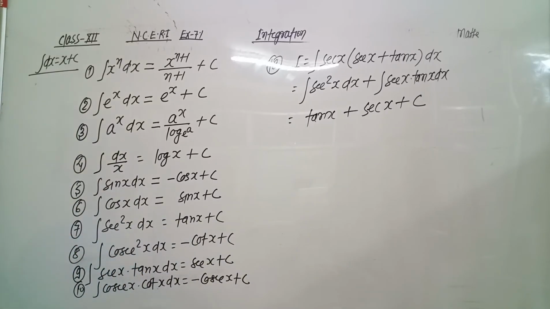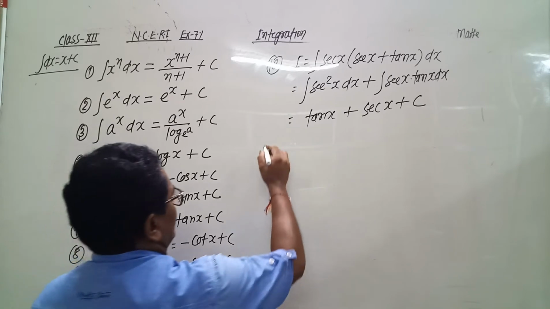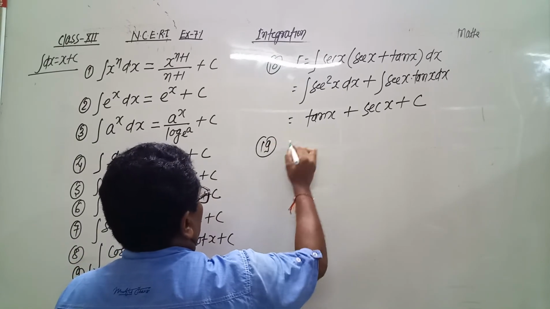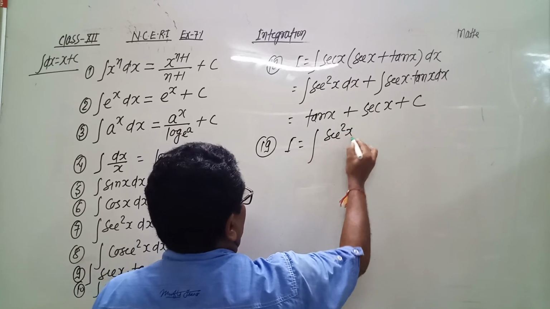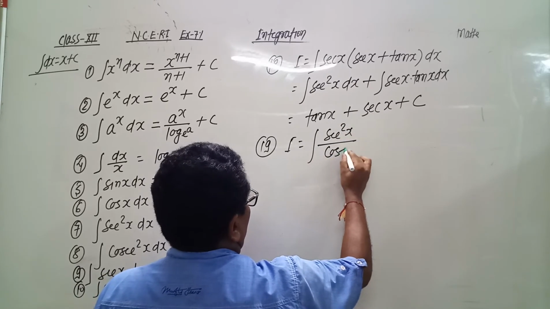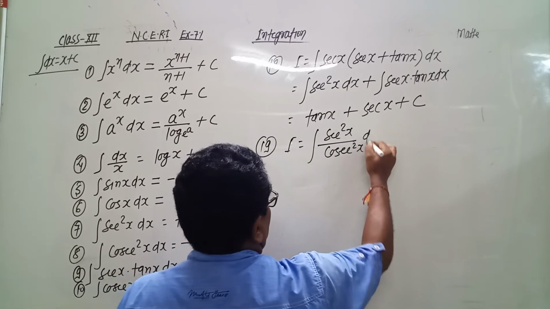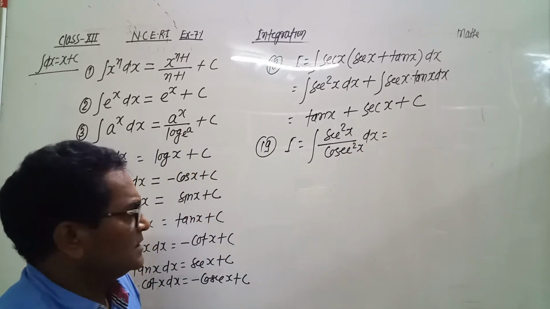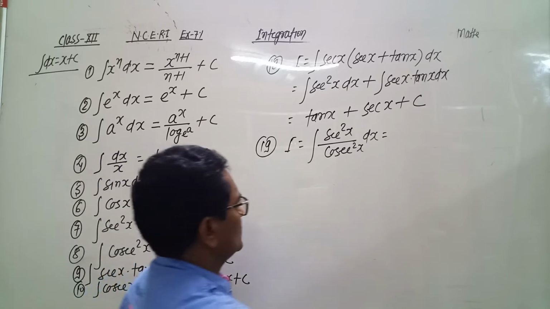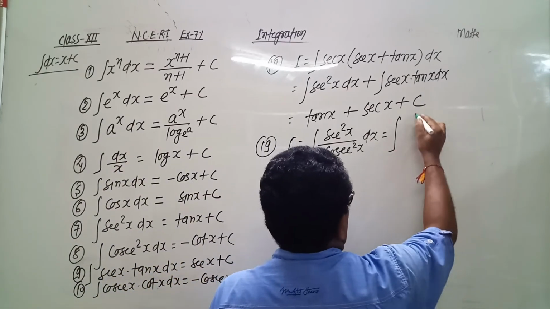Question number 19. Integration of sec square x upon cosec square x dx. So we express sec square and cosec square in terms of cos and sin.